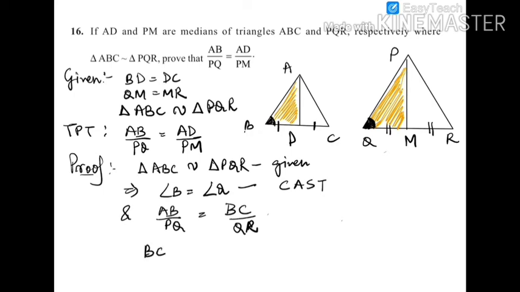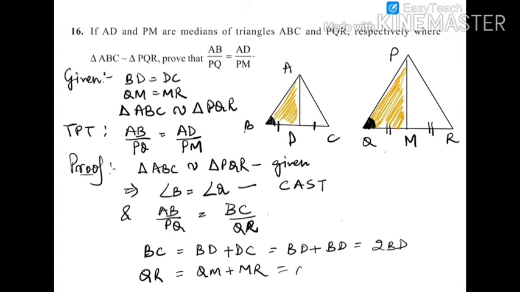Now BC is BD plus DC, which can be written as BD plus BD, which is 2 times BD. Similarly, QR can be written as QM plus MR, which is equal to QM plus QM, because DC and MR are equal to BD and QM. So this is 2 times QM.